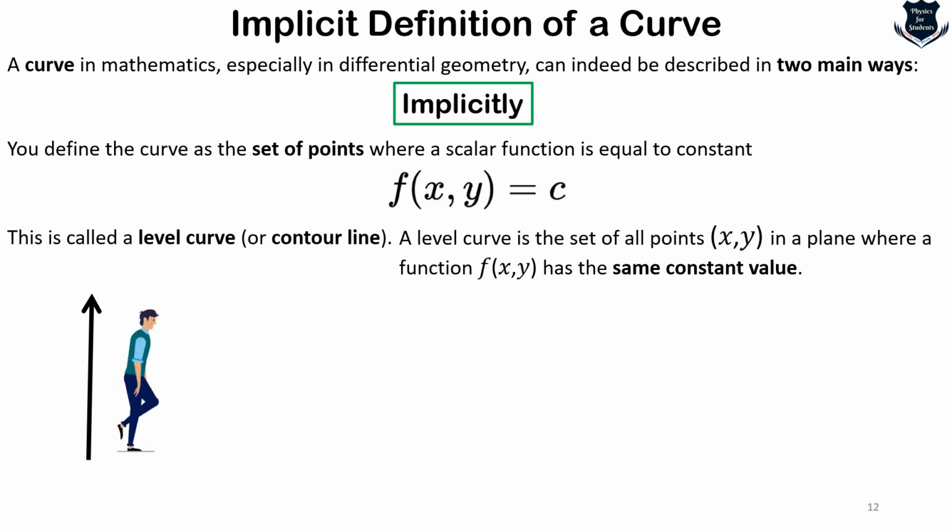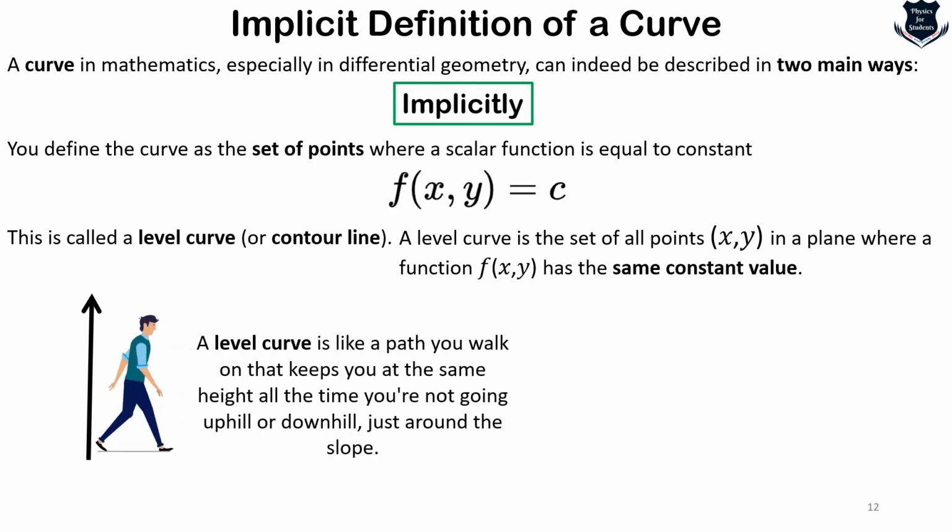What does that mean? Say, for example, this is a person who is walking, and you can see if he is continuously walking, the level curve tells that the height is the same. So just imagine you are walking around a path, around a park or something, but the height is always the same. This black arrow shows that the height is not changing.